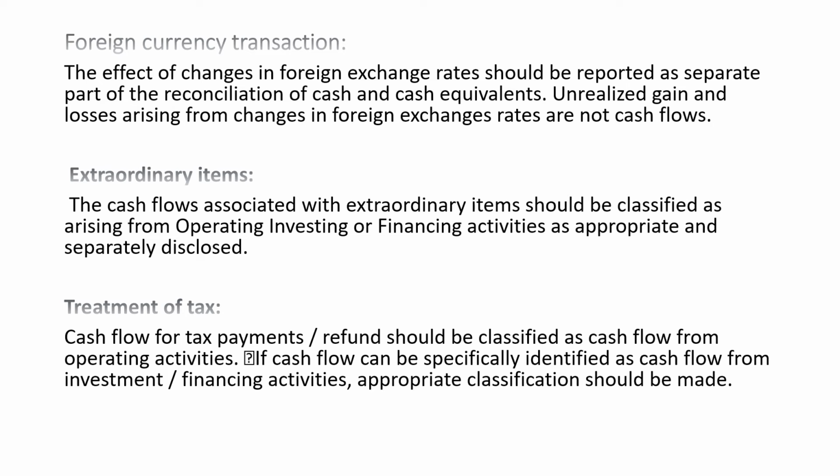Treatment of tax. Cash flow for tax payment or refund should be classified as cash flow from operating activities. If cash flow can be specifically identified as such, cash flow from investment or financing activities, appropriate classification should be made.